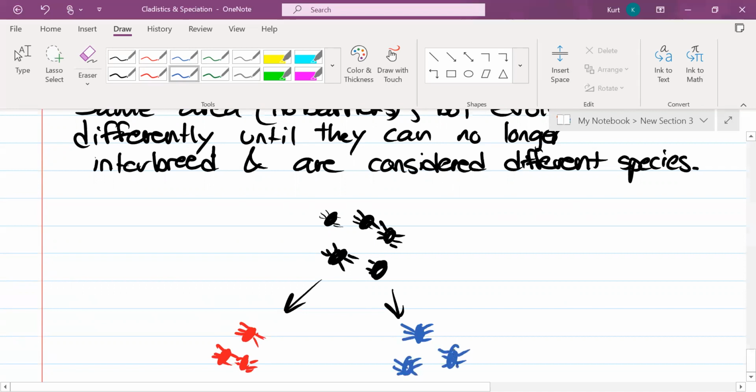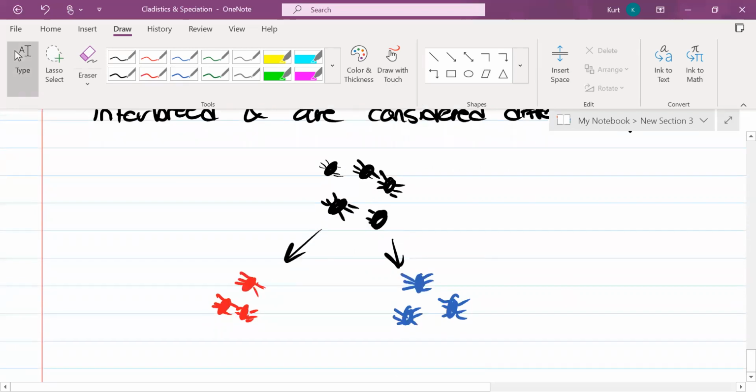And if I put them together, the red ones and the blue ones, they're not going to be interested in each other. So these are new species. So how in the world can they evolve differently if they're in the same area?